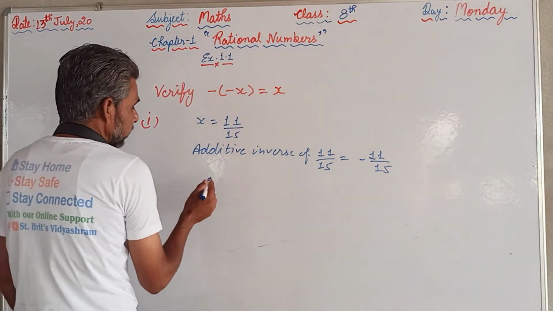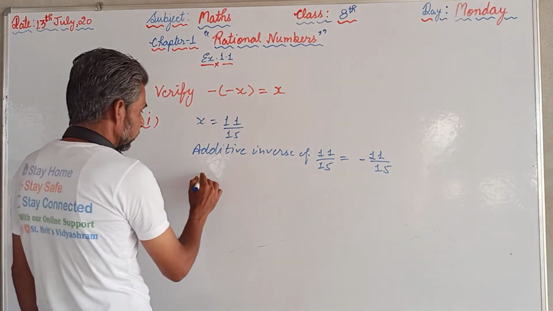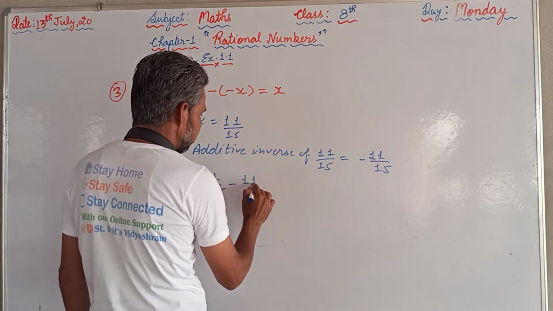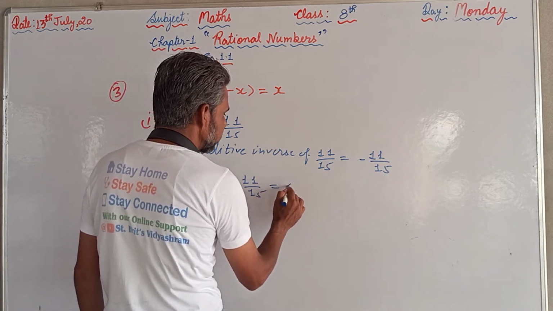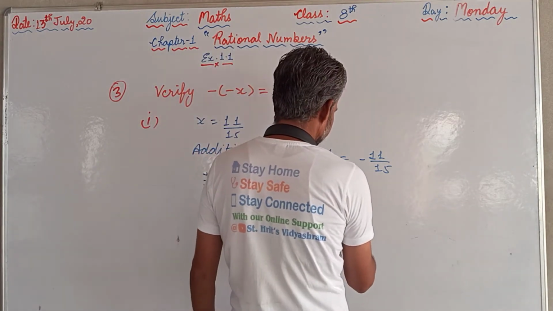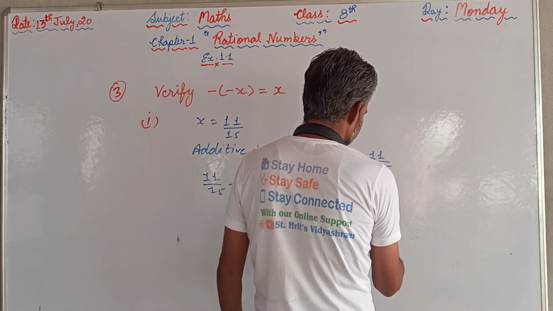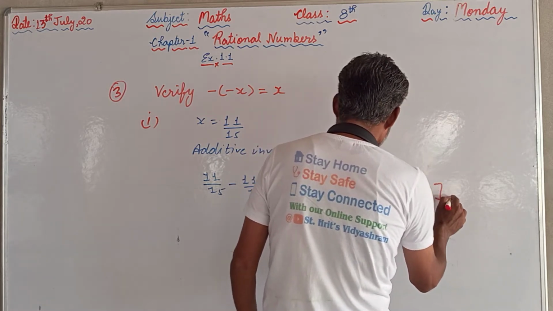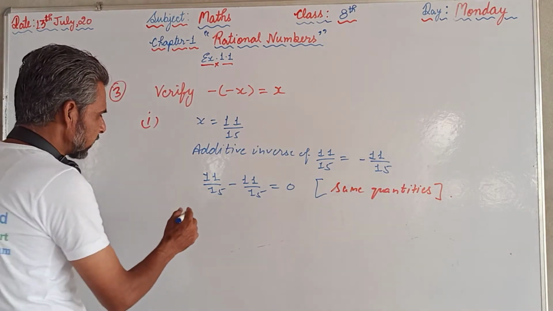We can say that by the additive inverse property, 11 upon 15 minus 11 upon 15 is equal to 0. Why? Because these are the same quantity. Same quantity.